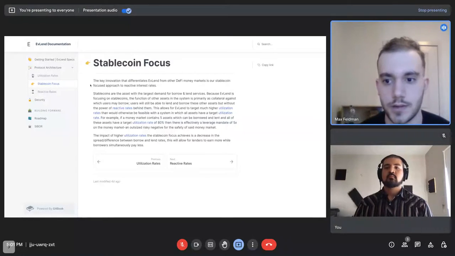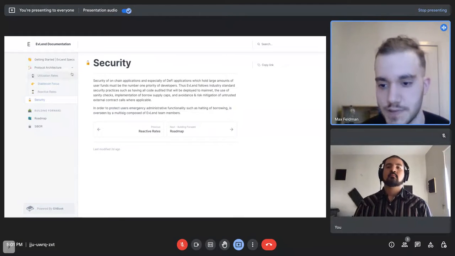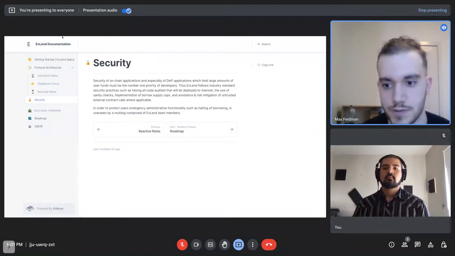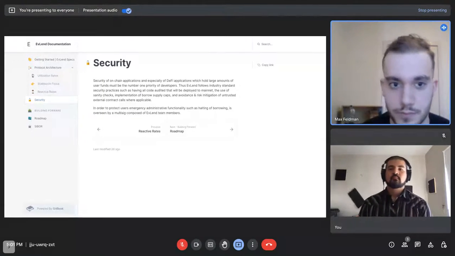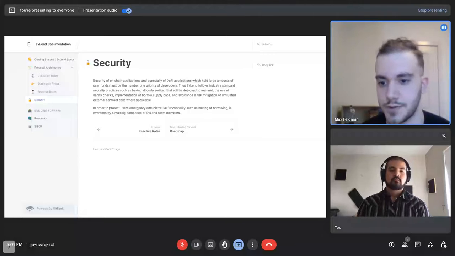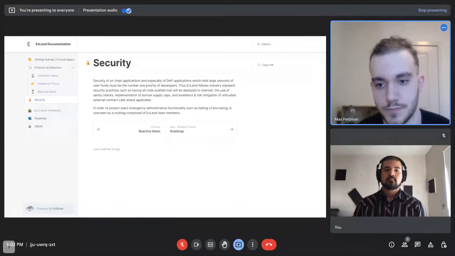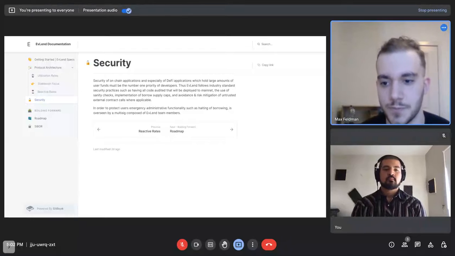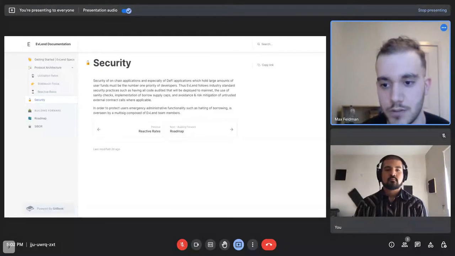So another thing I want to talk about is the security of our protocols. This is something that we have to take very seriously, and I think everyone in DeFi agrees that it's very important. We all should. When users' funds are at risk, you can't play games. So given the way things are with DeFi, we follow all of the best practices within the industry. We will never deploy unaudited code.